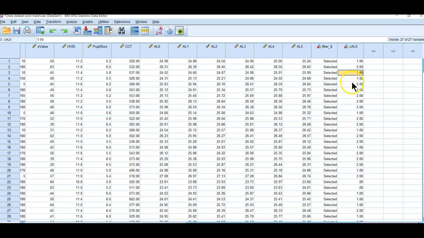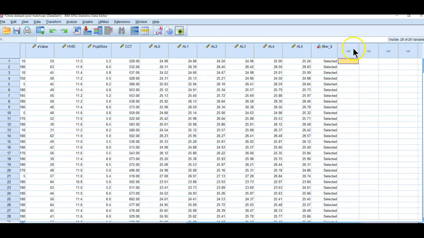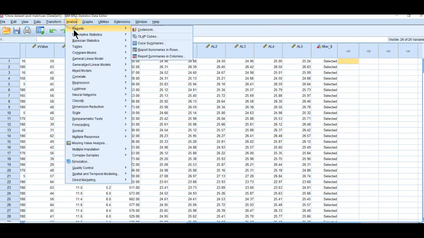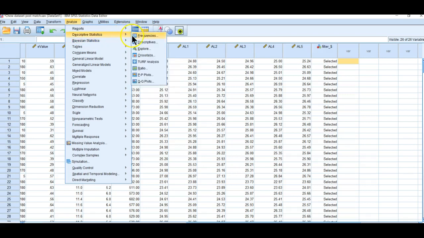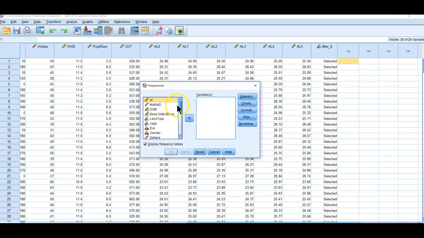So let's go to Analyze, Descriptive, Frequencies, and go to AL0. What we're going to do is split baseline into 3 equal categories. So we're going to go into frequencies and see where that would be.